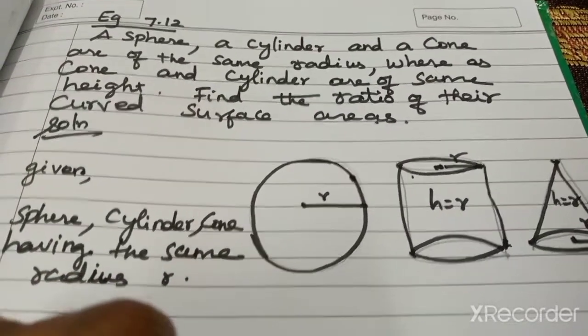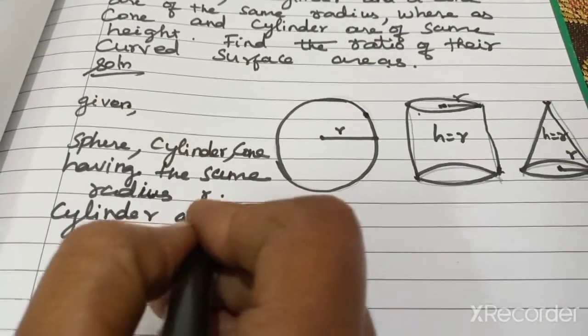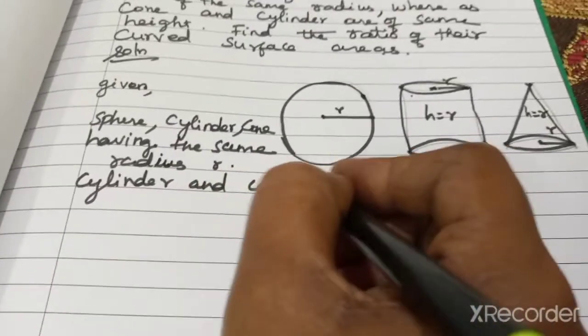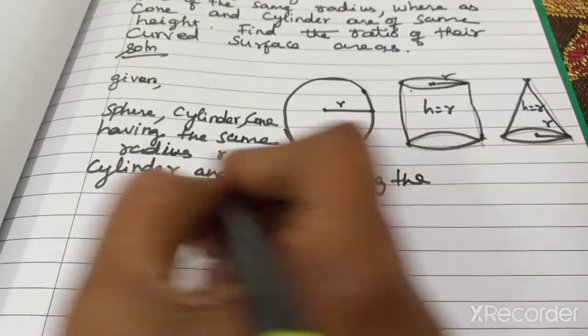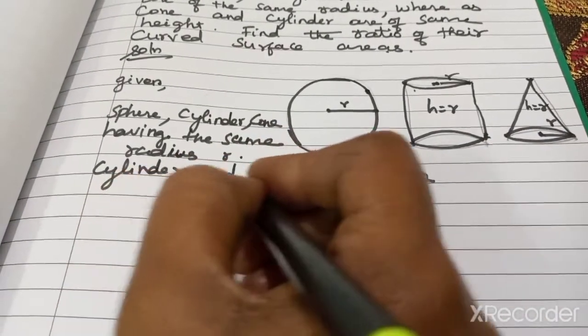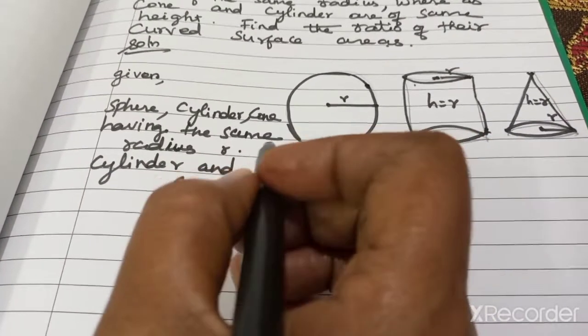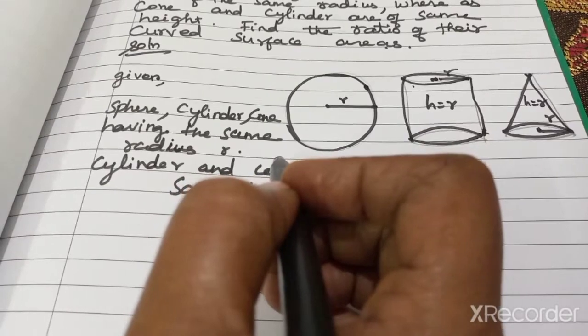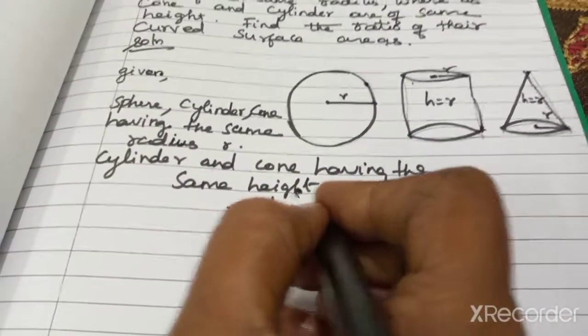Cylinder and cone having the same height. That is, the height of the cylinder and cone is equal to radius. So height is equal to r.